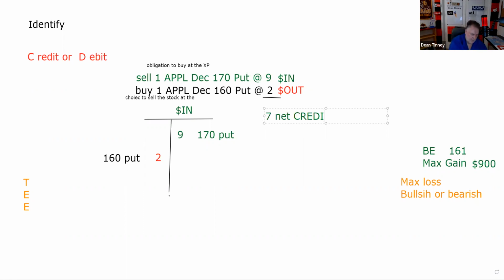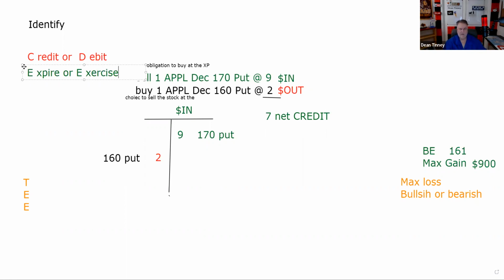All right. So once we get that, we're on a good road here. The next thing we've got to be able to do on spreads is determine whether we want the contracts to expire or do we want the contracts to be exercised. So this is a credit spread. This is the position in your account.